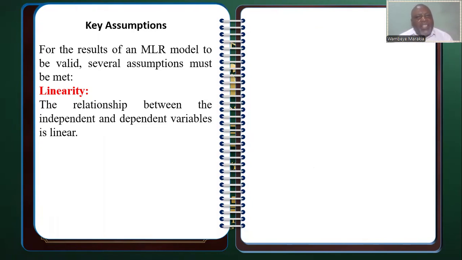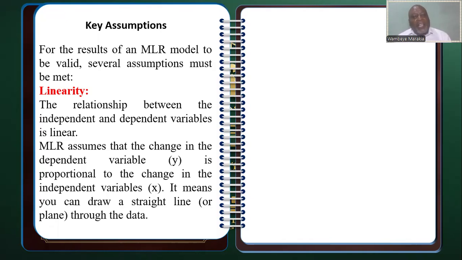Linearity is the relationship between the independent and dependent variable, and this relation should produce a linear pattern when you draw it on the graph. Multiple linear regression assumes that the change in the dependent variable, which is y, is proportional to the change in the independent variable, which is x. And this means you can draw a straight line through the data.